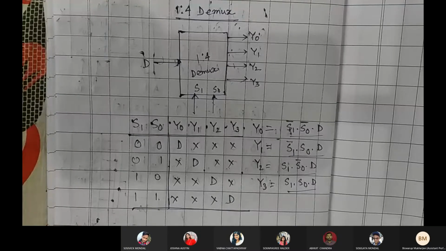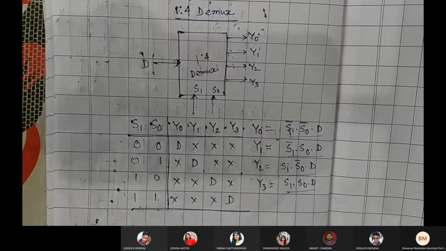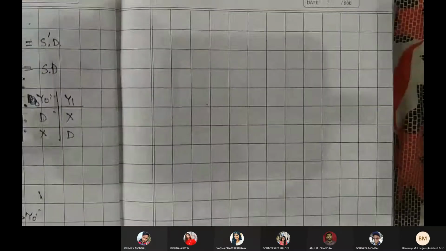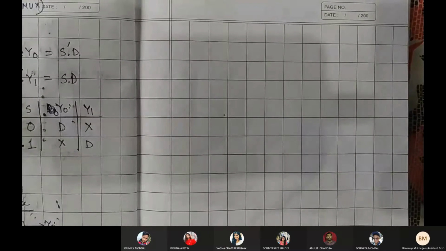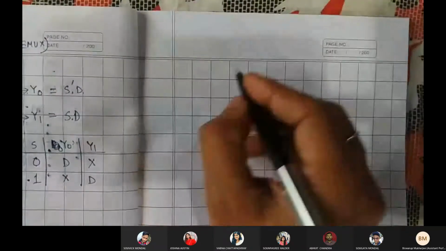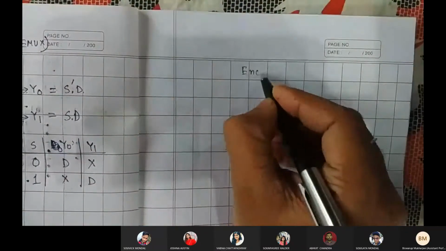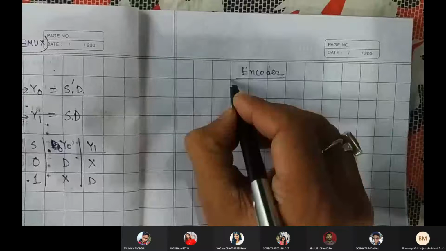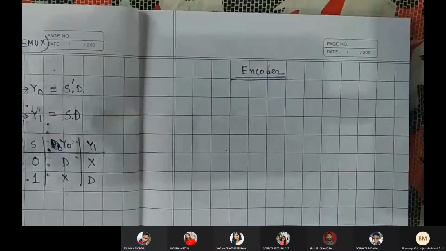So now let us come to the next one. Demultiplexer, there is almost nothing to discuss more. So let me come to the next MSI chip, which is the encoder. So next we come to a simple encoder. So encoders are of different types.